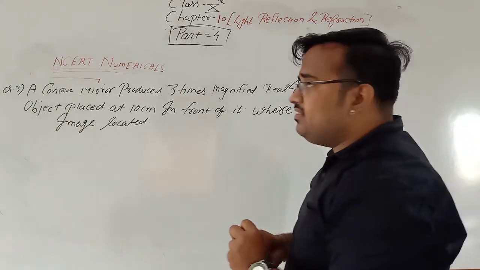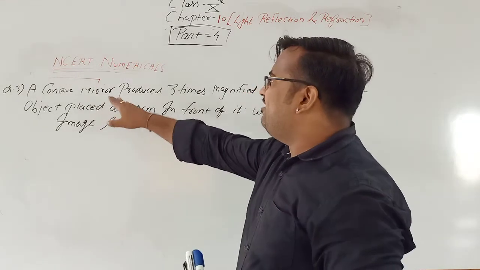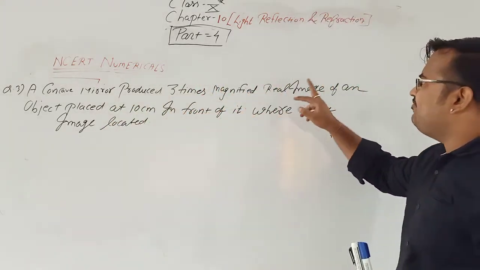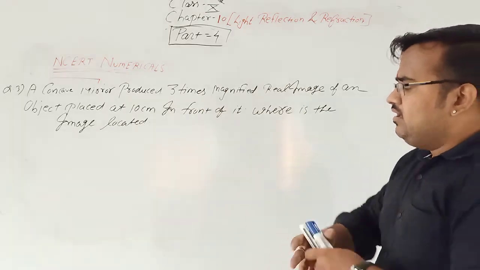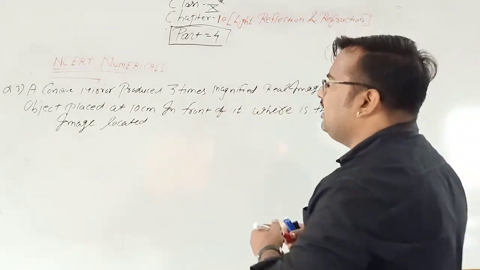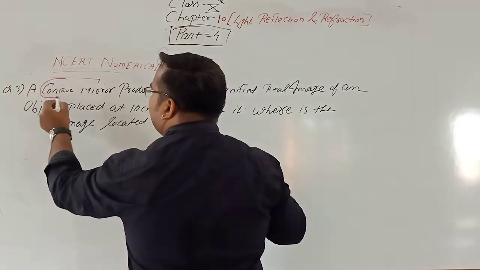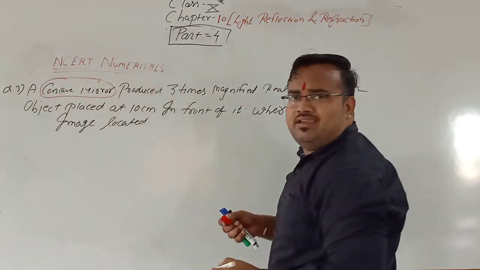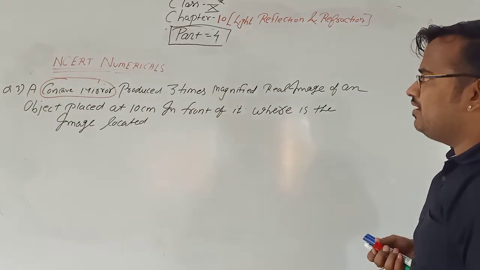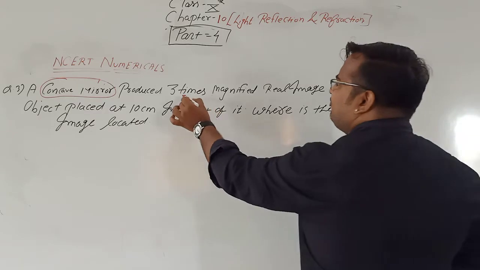Students, pay attention here. This is question number 3. A concave mirror produces 3 times magnified real image of an object placed at 10 centimeter in front of it. Where is the image located? So you should first make the circle. What type of mirror is given? This is concave mirror.